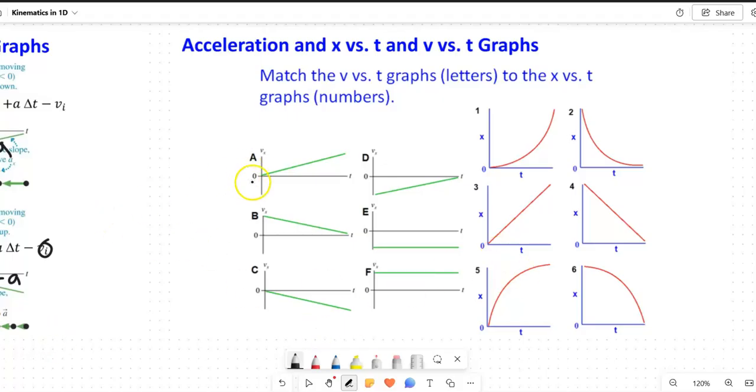Okay, let's try something. Okay, so let's start off with A. A starts off with an initial velocity that is 0, and it ends with a final velocity that is positive. And the slope of this line, the acceleration, is positive. So we're going to look for a graph where its starting slope is 0. So this one has a starting slope that is 0.